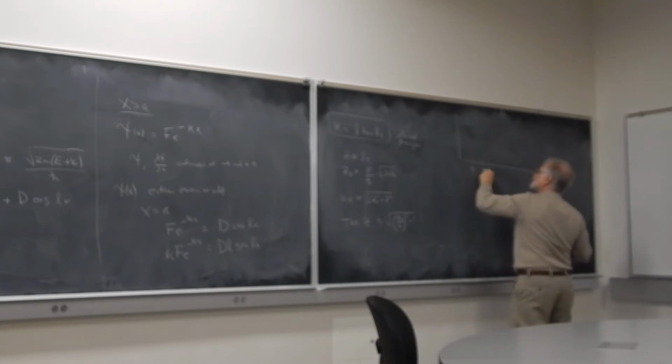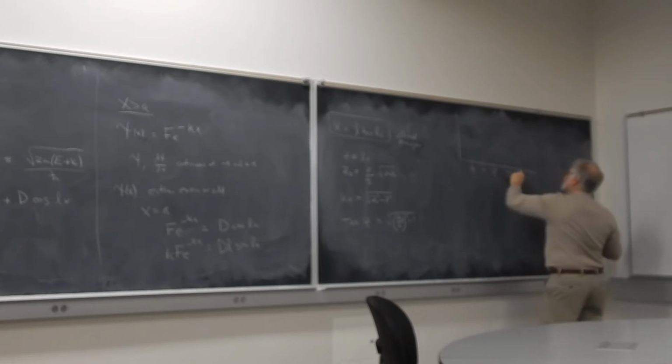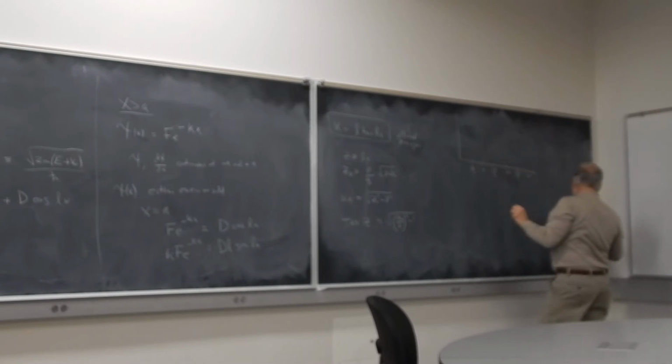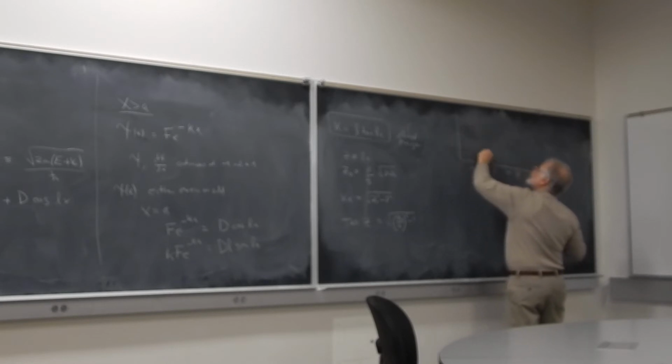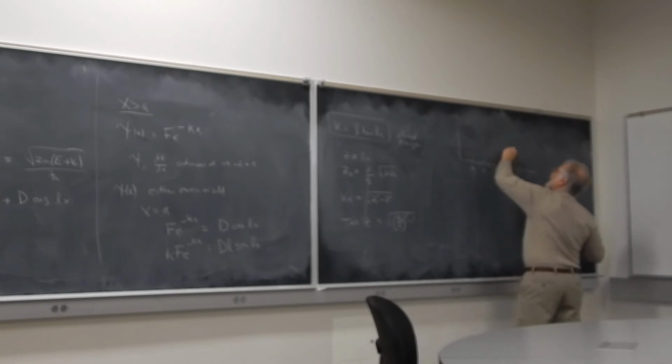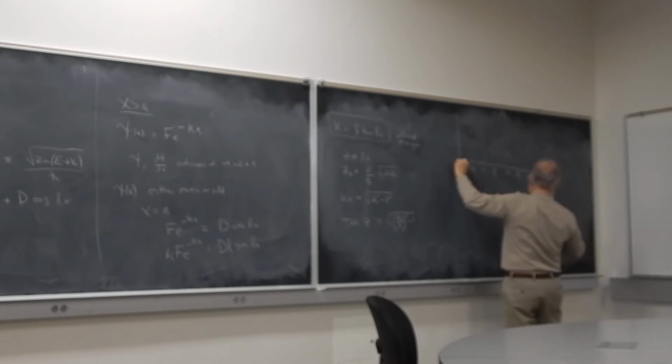Pi over 2, 3 pi over 2, 5 pi over 2. I get asymptotes of my tangent function at every one of these odd multiples of pi over 2.